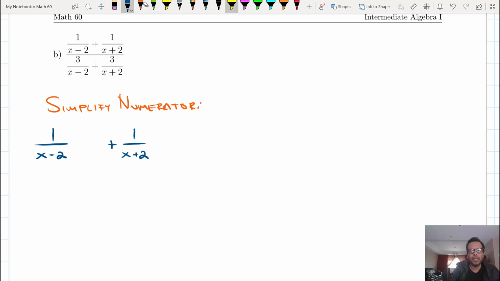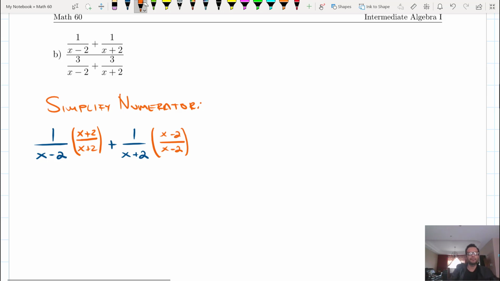So let's multiply numerator and denominator of the first fraction by x plus 2 and x plus 2. Okay. And for the second fraction, we're going to have x minus 2 and x minus 2.